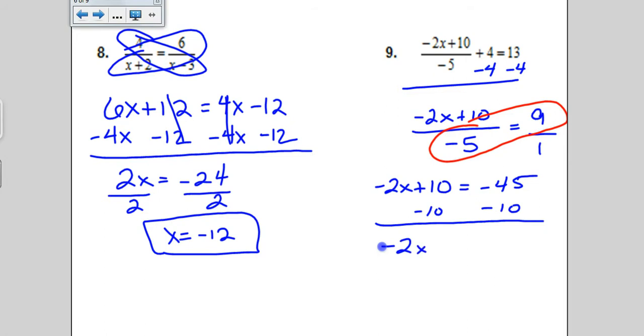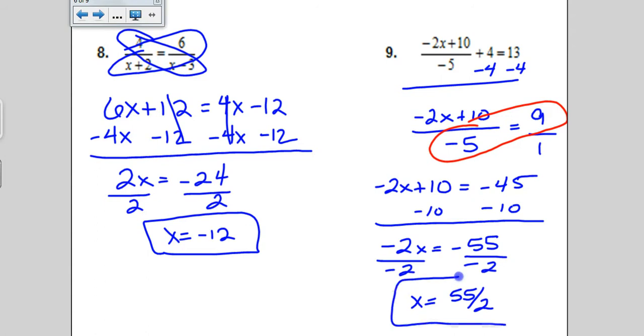We have a negative 2x equals negative 55. And then when you divide both sides by negative 2, the negatives are going to cancel out. So you have x equals 55 halves. Again, reduced improper fraction is a little better than a decimal for algebra 2. The only time a decimal would win out is if it was an application problem, where a decimal would be more appropriate because it's a real-life answer.